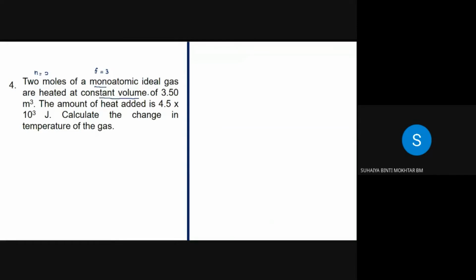If it is constant volume, work done equals 0. The amount of heat added is 4.5 times 10 to the power of 3 joule. Is heat positive or negative? Positive, because heat is added. So Q is positive.